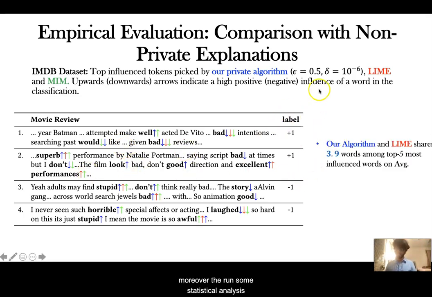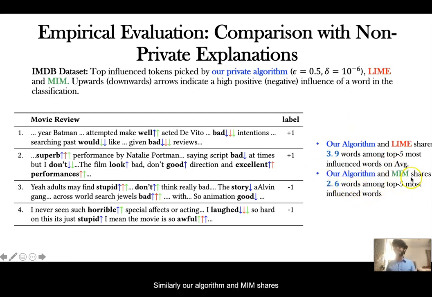Moreover, we ran some statistical analysis and observed that our algorithm and LIME share 3.9 out of the top 5 most influential words on average. Similarly, our algorithm and MIM share 2.6 words among the top 5 most influential words, which shows that our explanation is very close to some of the existing non-private explanation algorithms.